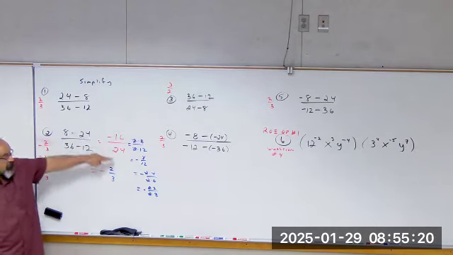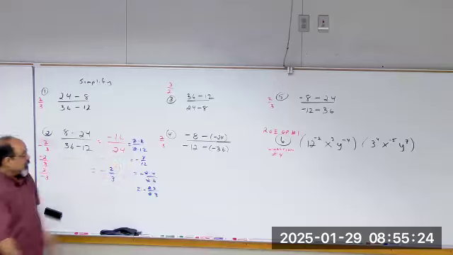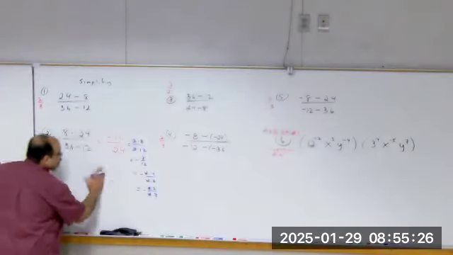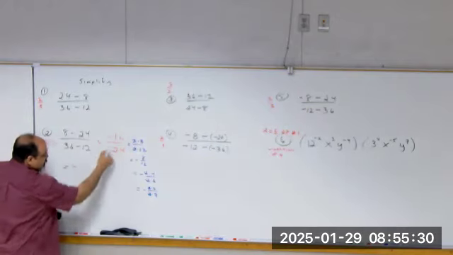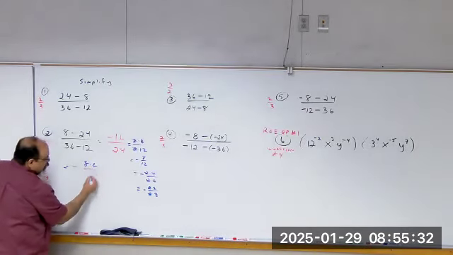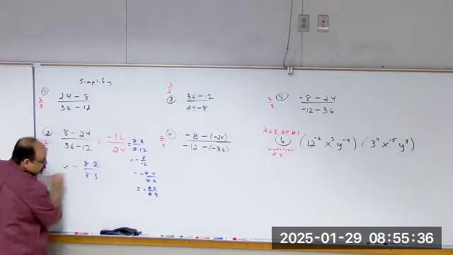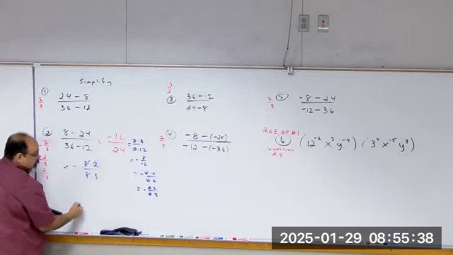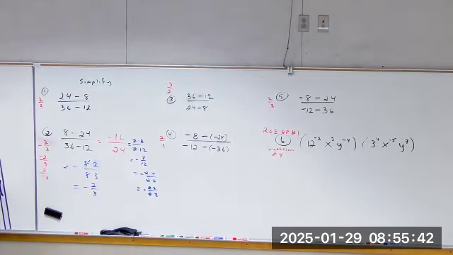For a 16 and a 24, the biggest number that goes into both is 8. So we could have just said this is negative 8 times 2 over 8 times 3. 8/8 reduces, and I'm left with negative 2/3.